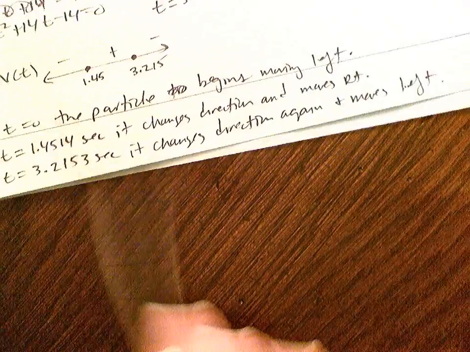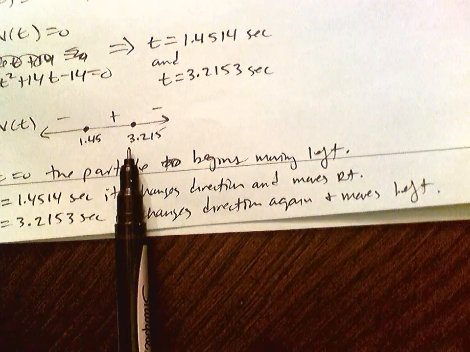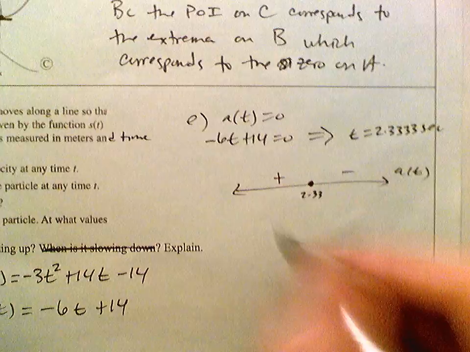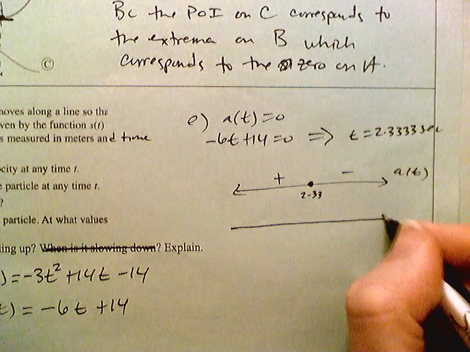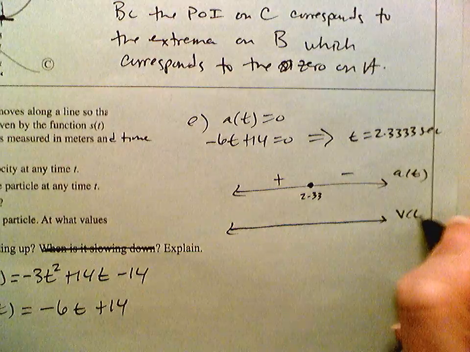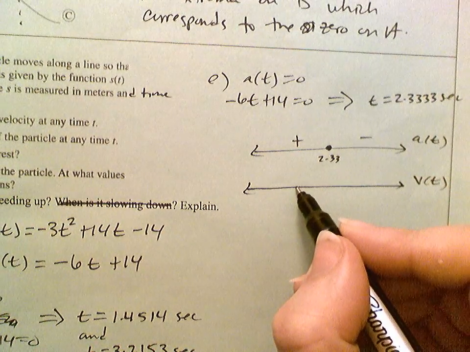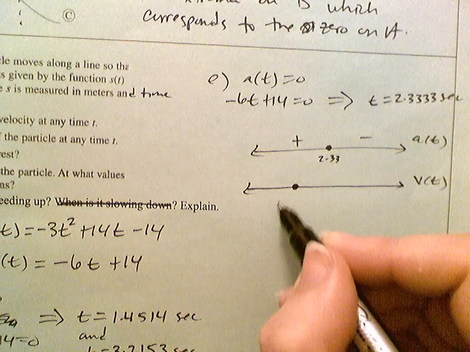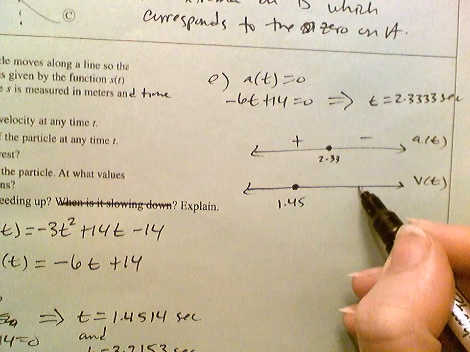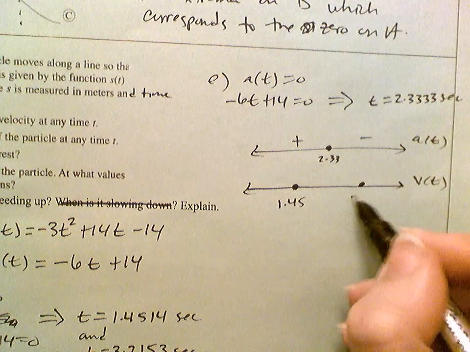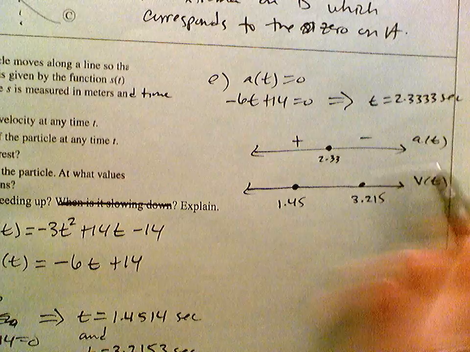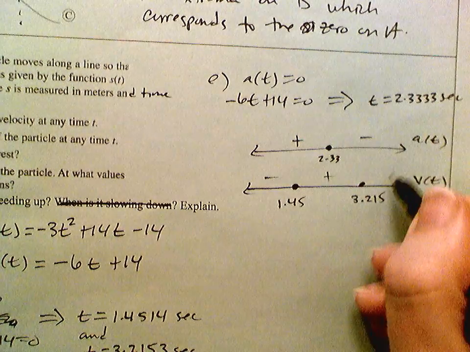I'm going to take this number line and write it below here, and line it up. So this is the velocity one. Over here I'll have 1.45, and then over here 3.215, and I'll put my signs on it.